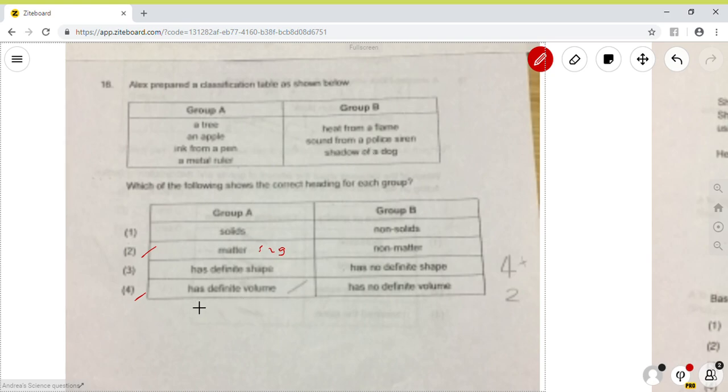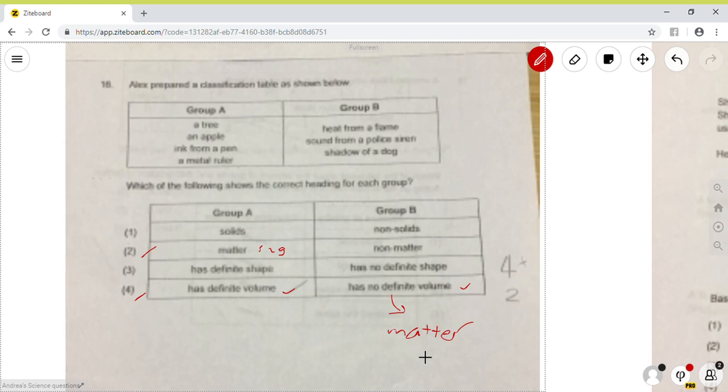Now that you have narrowed down to either 2 or 4, we look at the options. This one is definite volume, this one is no definite volume. But you must remember, no definite volume is a description for matter. Specifically, which matter doesn't have definite volume?